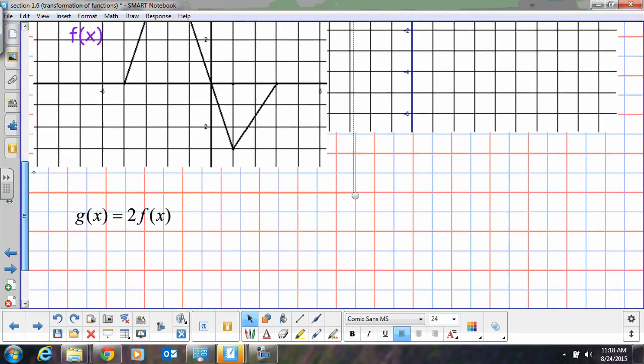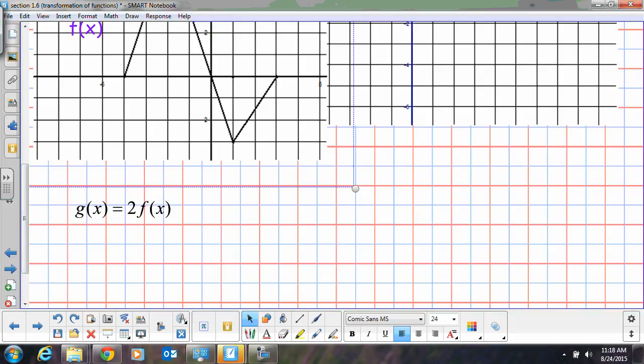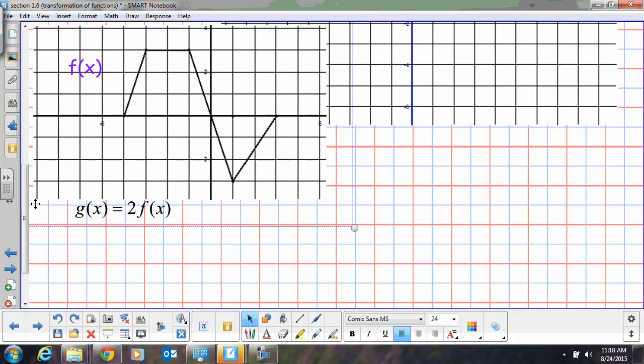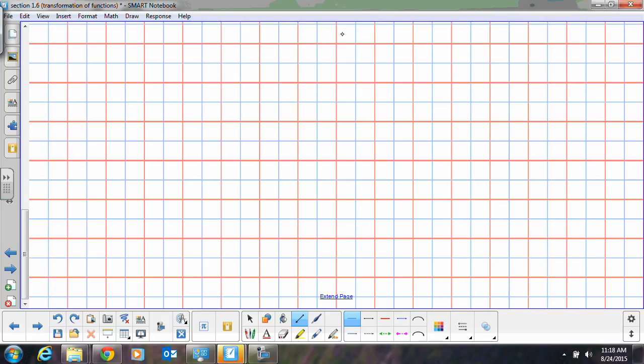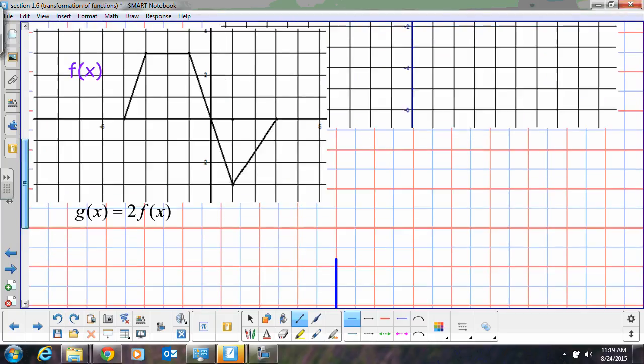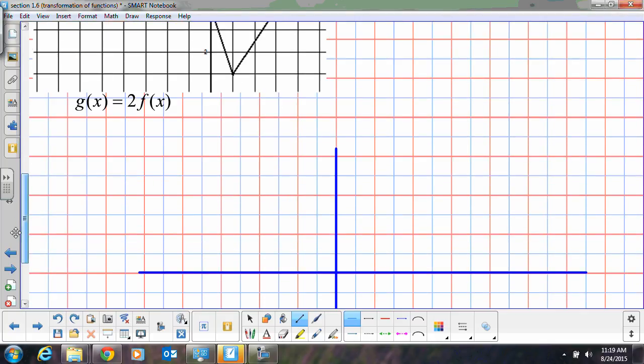You ready? All right, I'm going to move this down a little bit. All right, I need axes. So let's just see how it grows. Don't you wish you had graph paper that grew? All right, so now I'm going to attempt to draw the original graph. And so that's 1, 2, 3, 4, up 3.